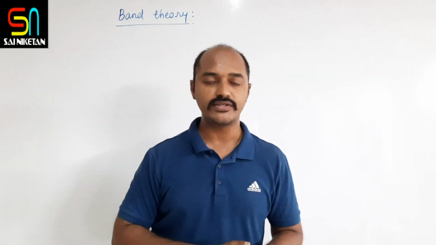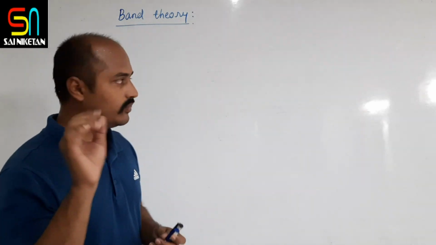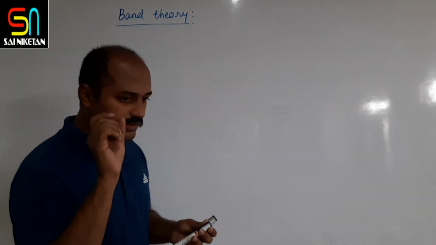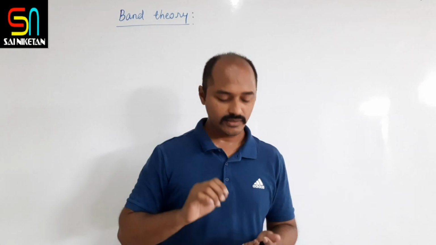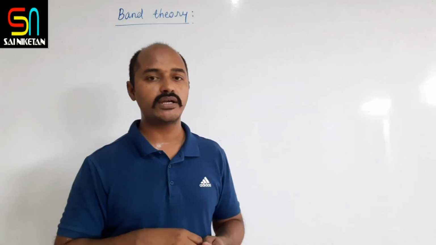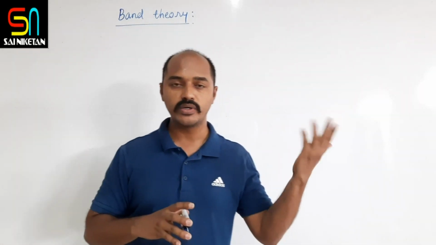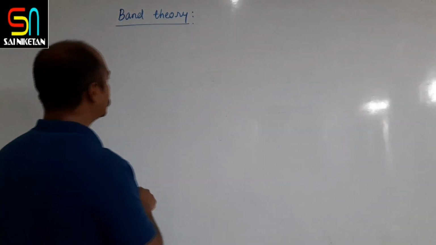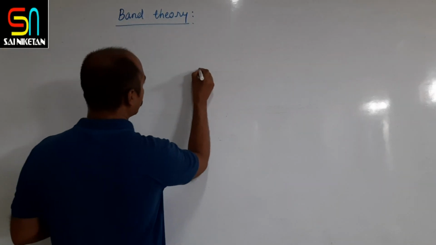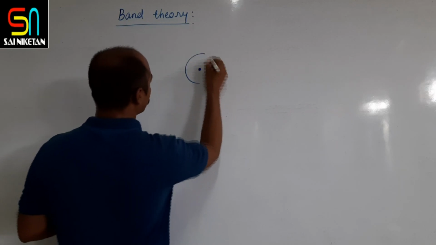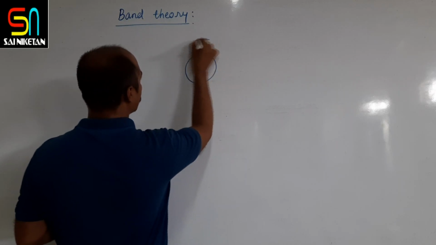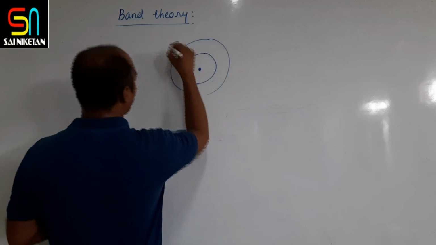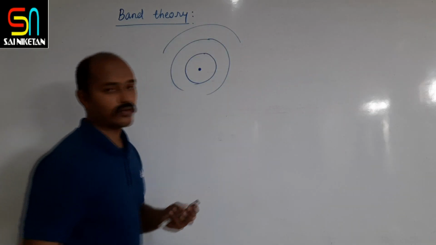We will see why it is so. Listen to it very carefully. That concept is called band theory. What do you mean by energy band, and how does it come about? We will see here. If you take an isolated atom, if we consider this as an atom, it has several electrons revolving around it.